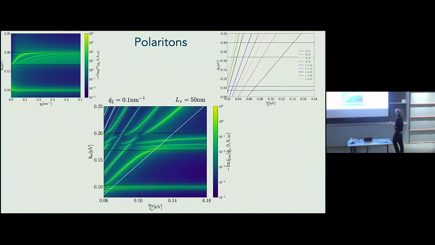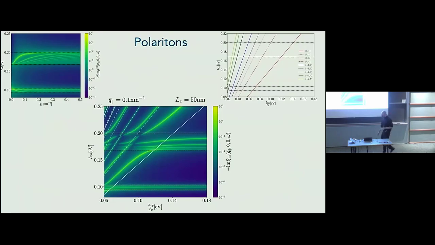And another thing that you can do experimentally is follow these Landau levels as a function of the magnetic field. By changing the magnetic field, you can control the energy of the Landau levels, and you can see that here they will enter the Reststrahlen band. And this is exactly what is happening.